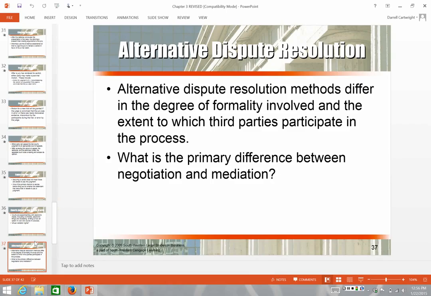You have litigation, which is what we've been talking about this entire time. You have negotiation, which can occur inside or outside litigation, or at any time, or with any of the other dispute resolution techniques. And then you have mediation and arbitration. And I'm going to spend more time talking about mediation and arbitration than any of the others.